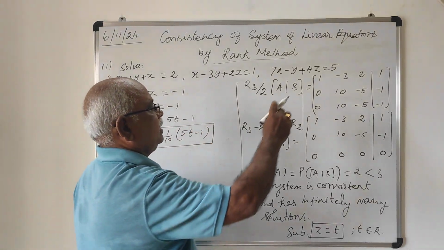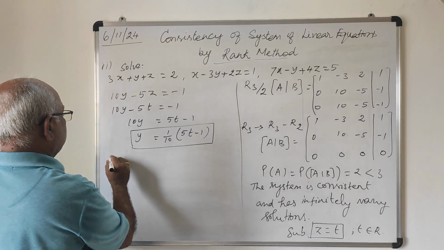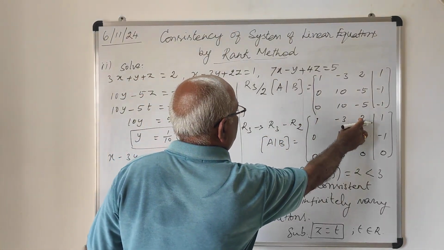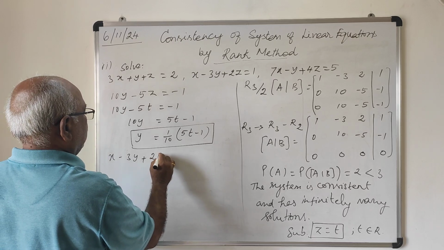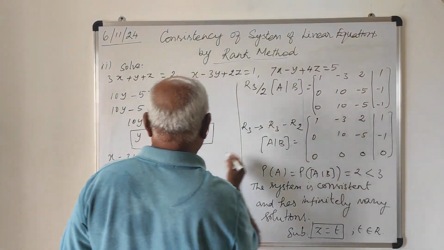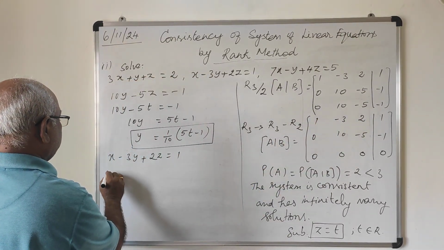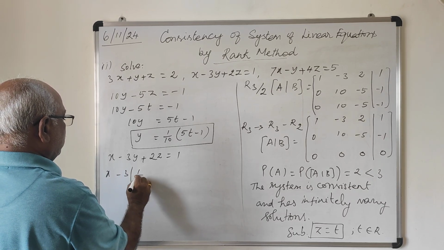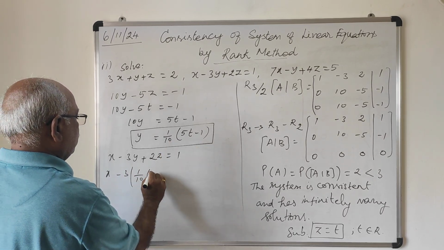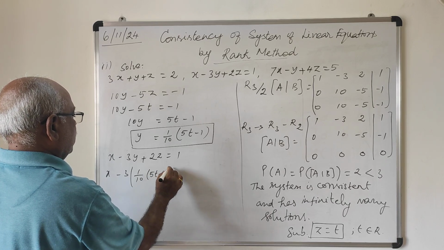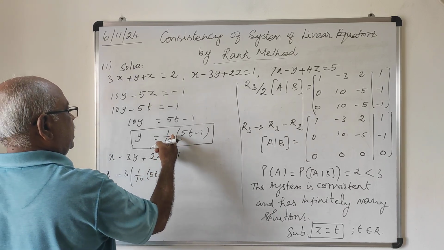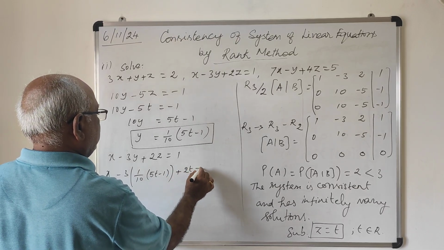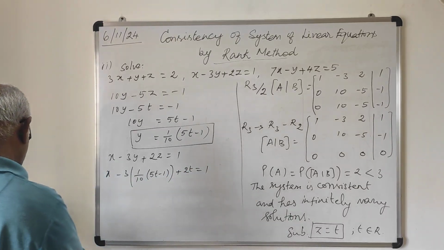Then we have to find x from the first equation: x minus 3y plus 2z equals 1. In this case, x minus 3 times y, and y is 1 by 10 times (5t minus 1), plus 2t equals 1.